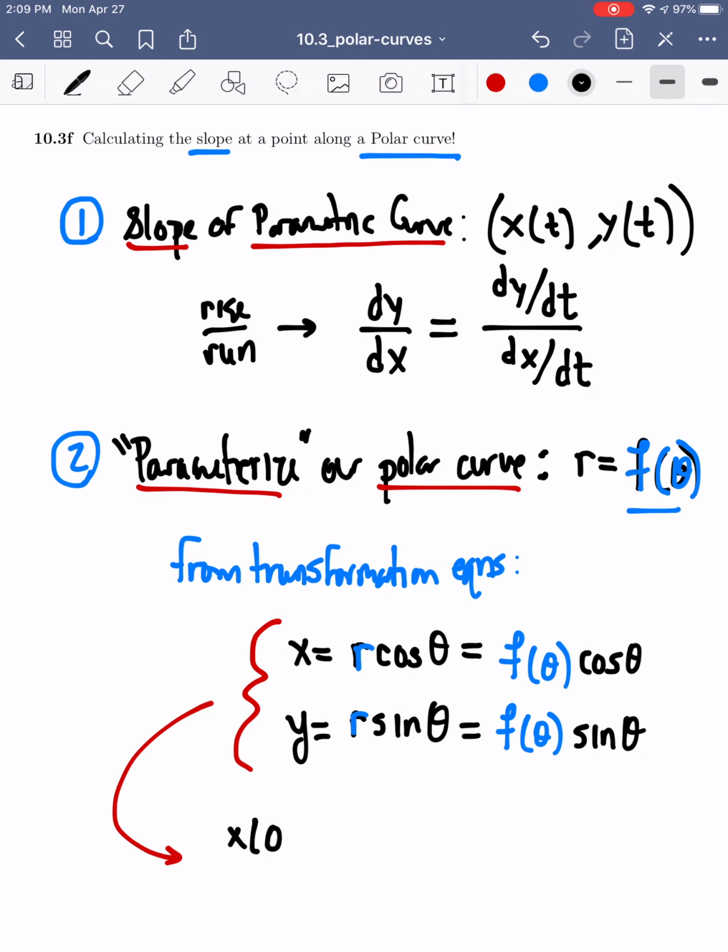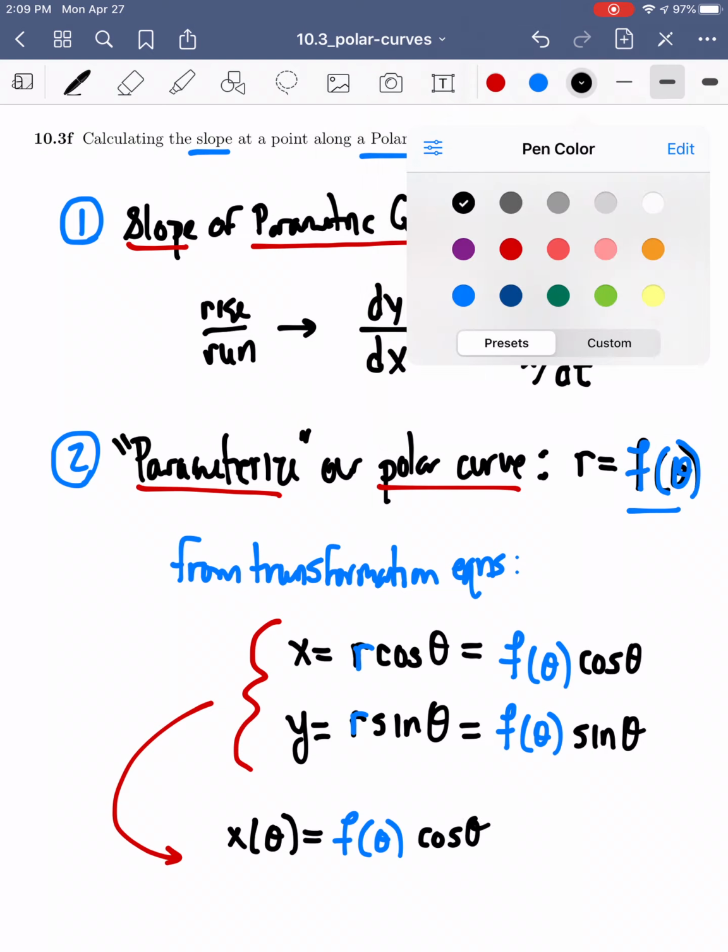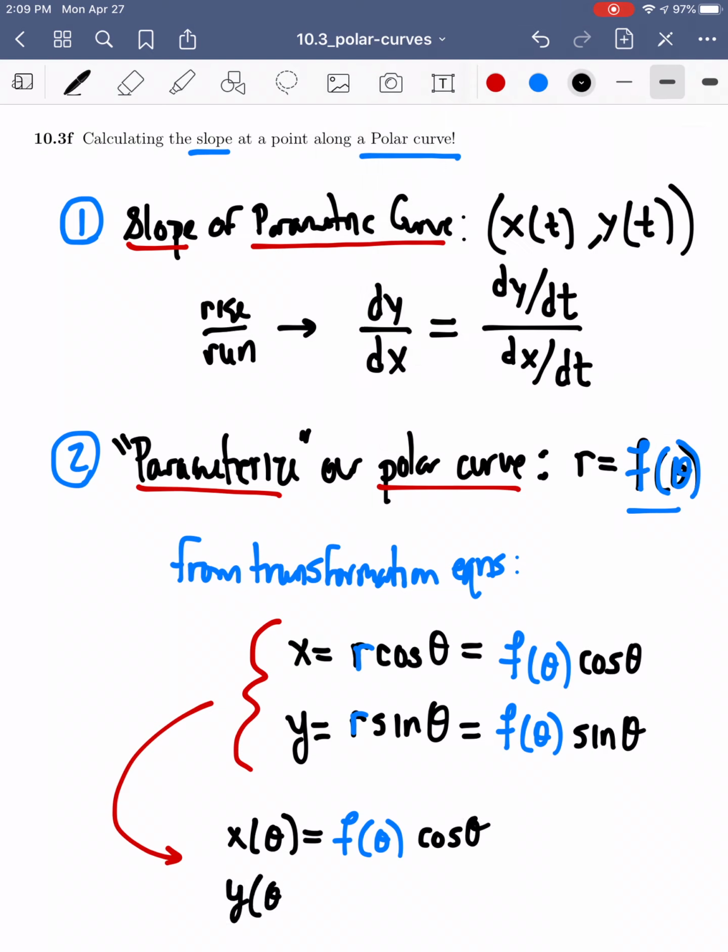So we have that x of theta is equal to whatever polar curve we're given, that's f of theta, times cosine of theta. And y of theta is just going to be the curve that we're given in the problem, f of theta, times sine of theta.